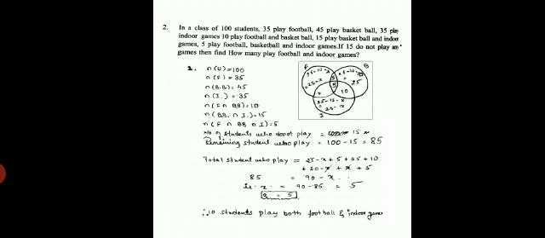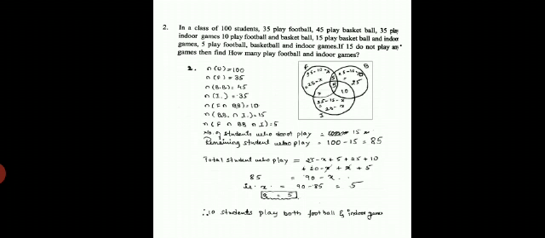Now, here you just observe the first circle, that is F, and B and I. In the first circle, I have written 35 minus 10 minus x. Why 10? See, n of F is equal to 35, minus the common ones you have to remove.